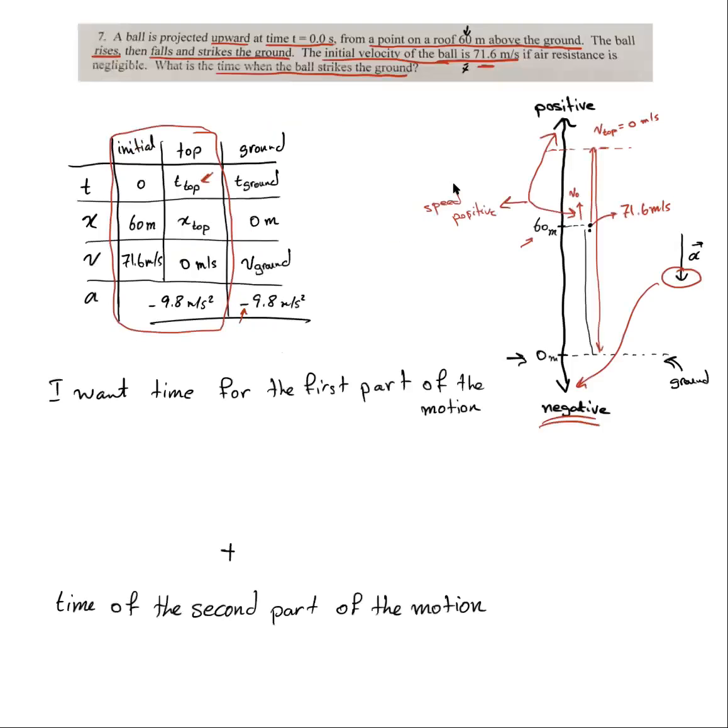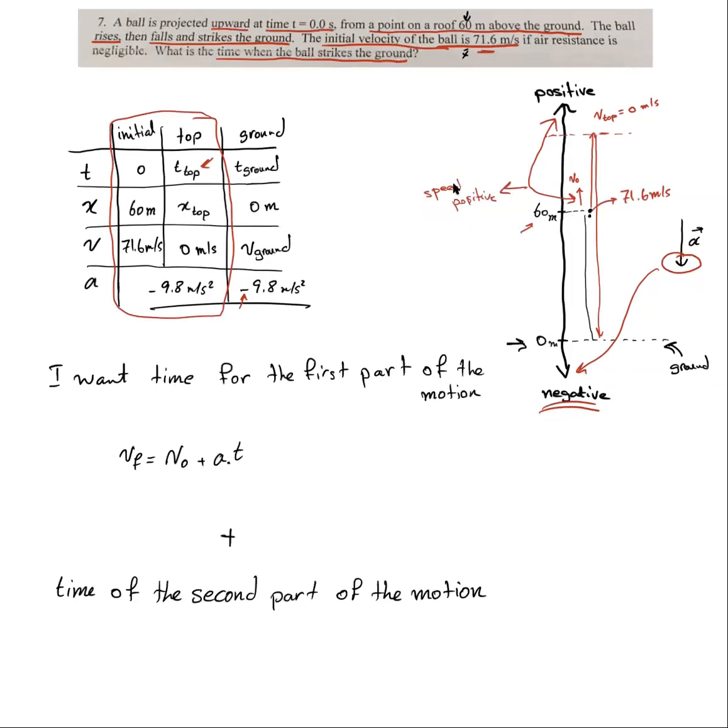It will be used to calculate the time for the first part. So we will use v final equals v initial plus acceleration times time. So from this equation, we can find the time for the first part.